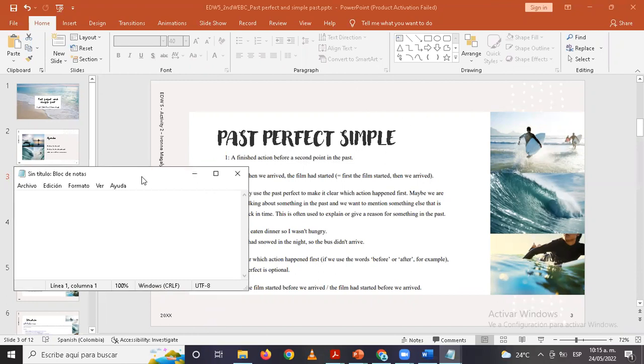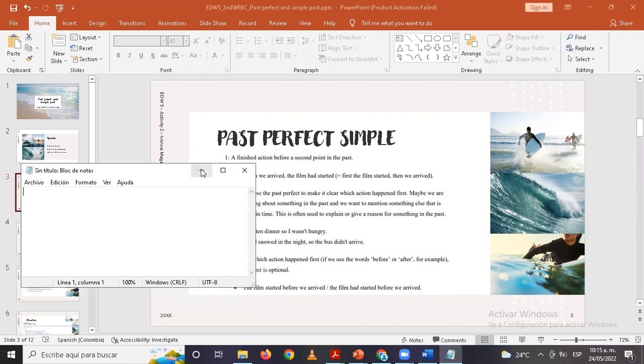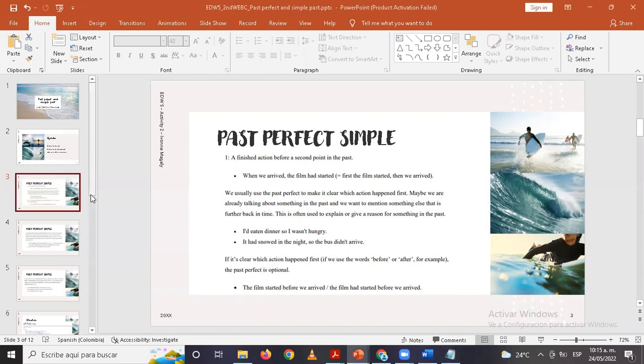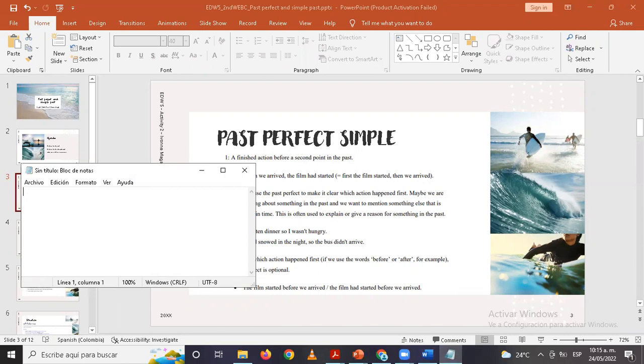So here we have past perfect simple. Remember that when we talk about past tenses, we use the auxiliary did, and we also use the verbs in their past forms.